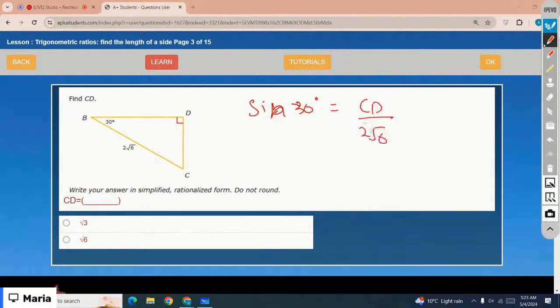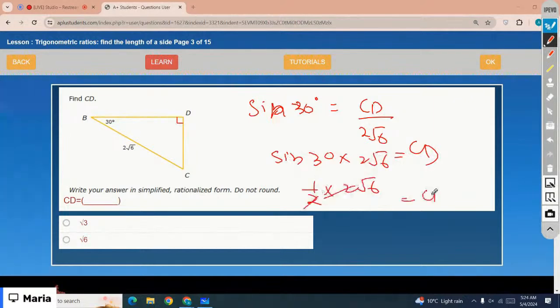So sine 30 is CD over, so CD equals sine 30 times 2 square root 6. That is 1 over 2 times 2 square root 6. 2 and 2 cancel out and you are left with square root 6.